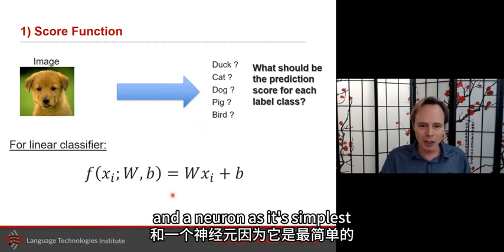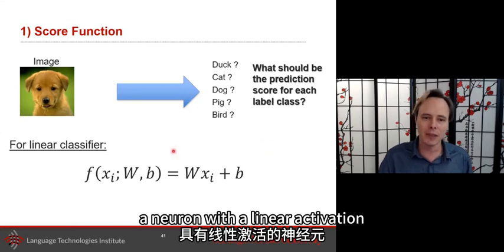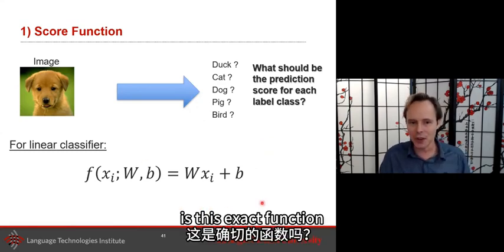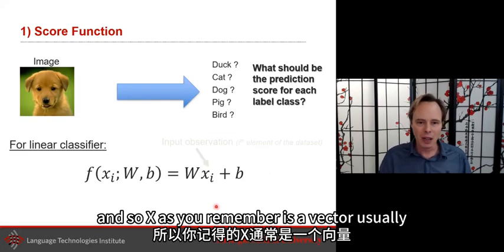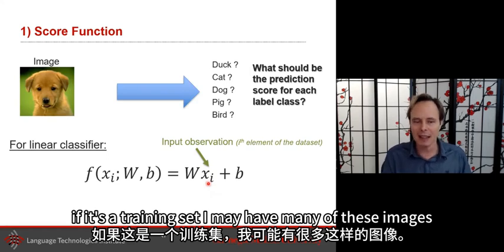And a neuron at its simplest, with a linear activation function, is this exact function. And X, as you remember, is usually a vector. And I say Xi because if it's a training set, I may have many of these images.